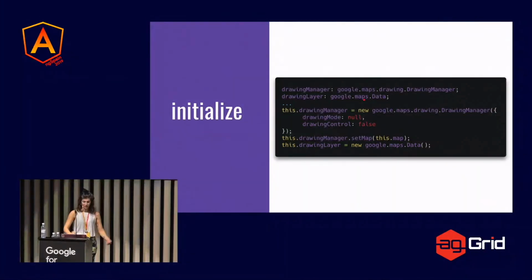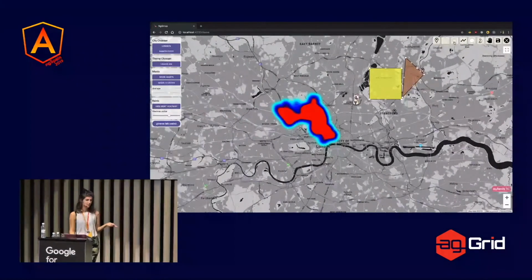I'll explain why. First, you have the drawing manager and drawing mode, and you don't want to initialize it with any mode. I don't want the default controls because they don't look very nice, and they're very small buttons. I created my own controls because I like them more, and I have a cat icon as well.